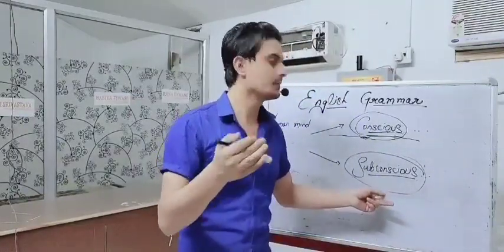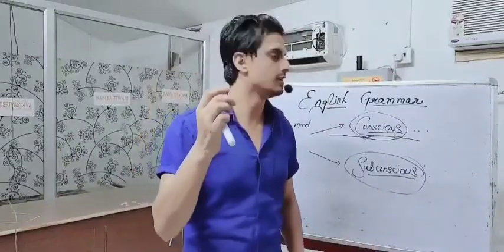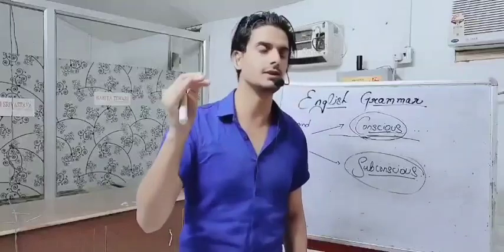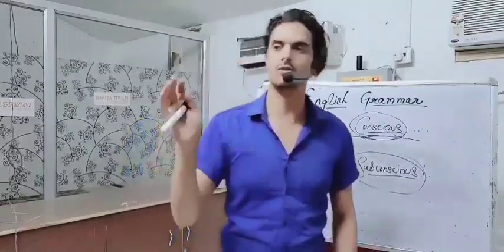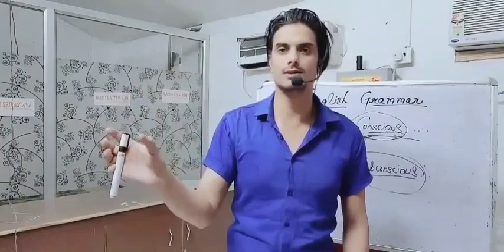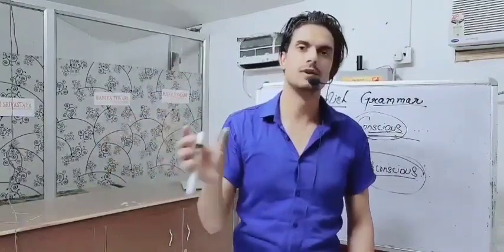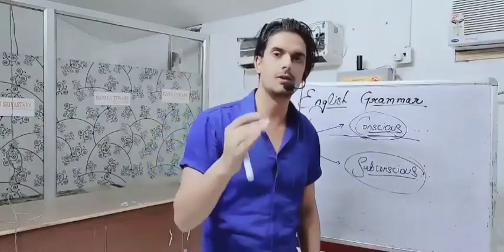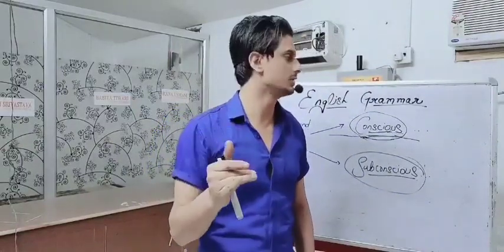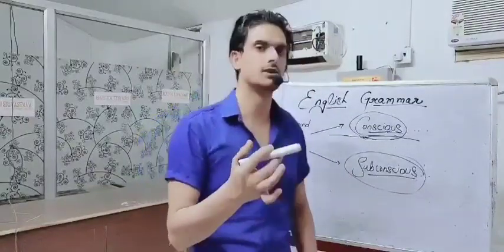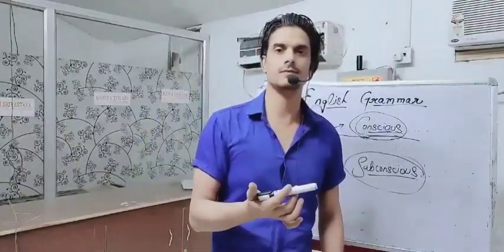At that time, your brain will tell you, okay, this was the name of the street, the shop looked like this, the store looked like that, and all that kind of stuff. So the subconscious mind does not come into play immediately, but it comes into play eventually. So we can say that the subconscious mind is as important as the conscious part.